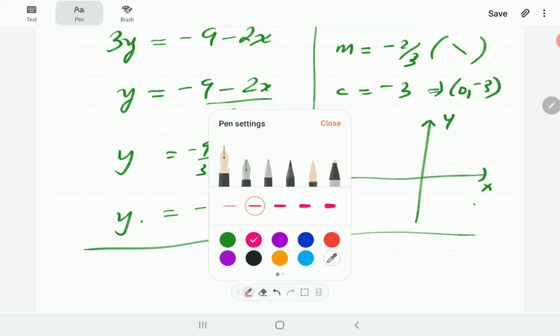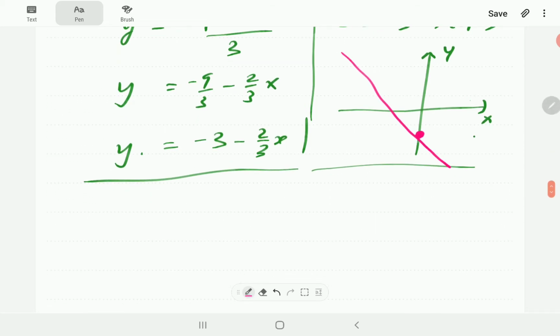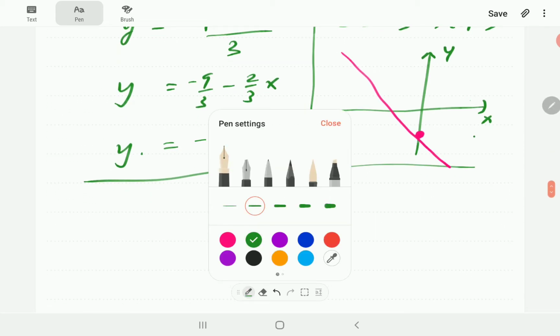This line is going to intersect the vertical axis below the origin because that is negative, and then it's going to be down sloping because from here we see that the gradient is negative, so the line is going to be a bit like a backslash.